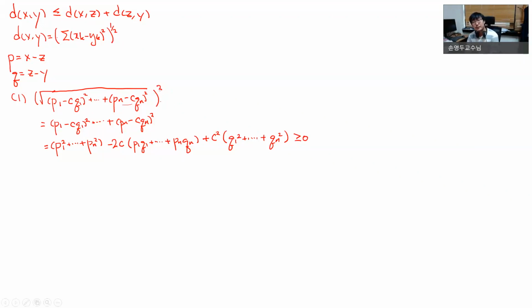So this one should always be greater than or equal to 0.